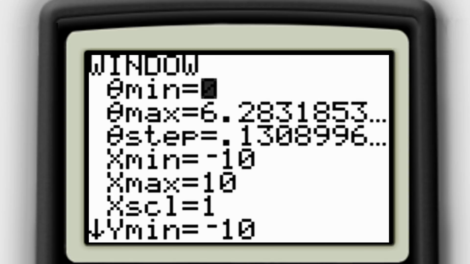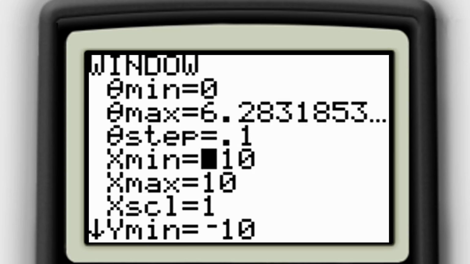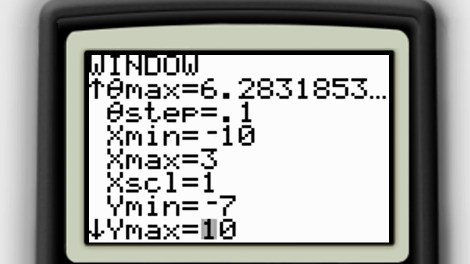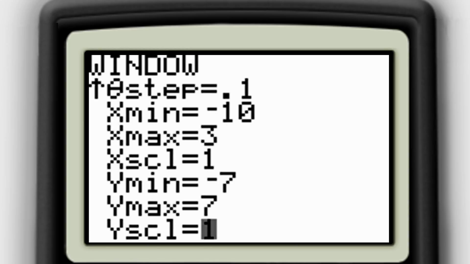For our window, we'll take theta min to be 0, theta max to be 2 pi, and theta step something small like 0.1. For x min, we'll take negative 10 and x max positive 3, with x scale 1. For y min negative 7 and y max positive 7, with y scale 1. And go ahead and press graph.